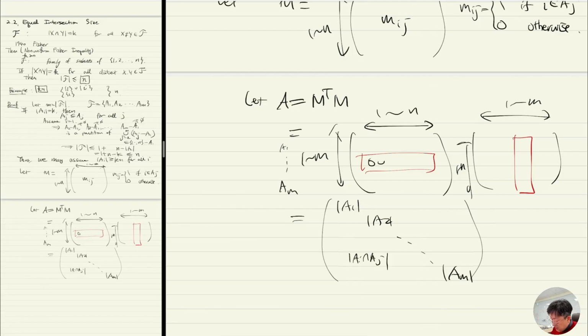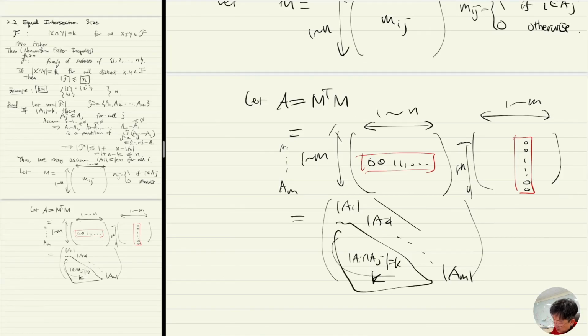Because when you have a 0, 0, 1, 1, 1, 1, 1, 0 and multiply these together, the number of common 1s is exactly equal to the size of the intersection. And the intersection is exactly k. So everybody here is k.